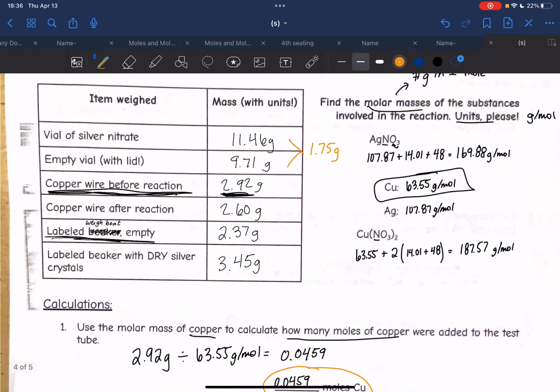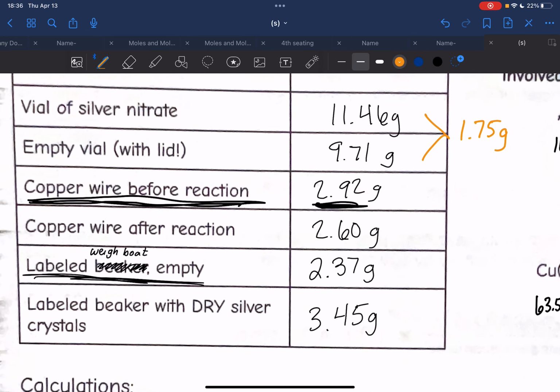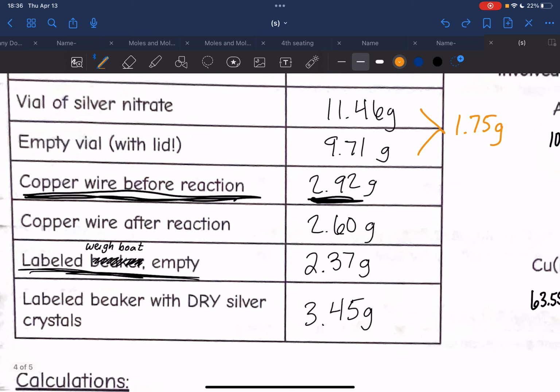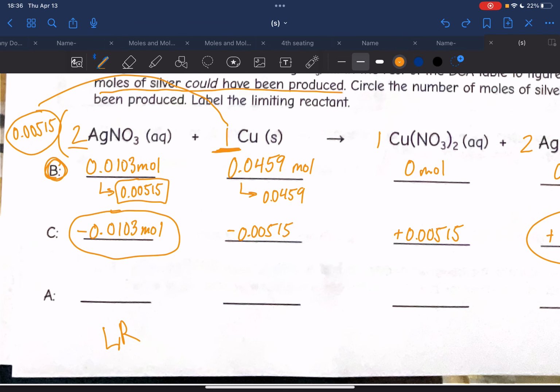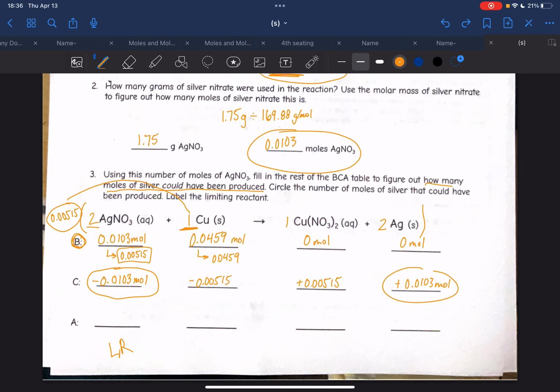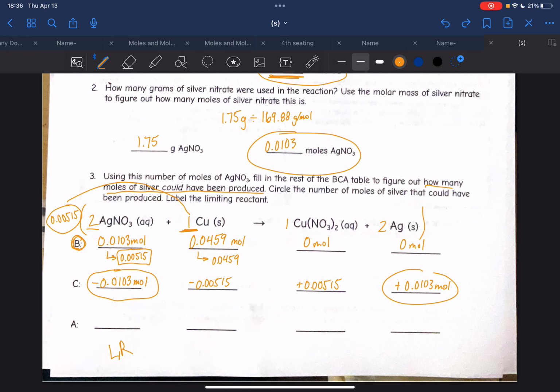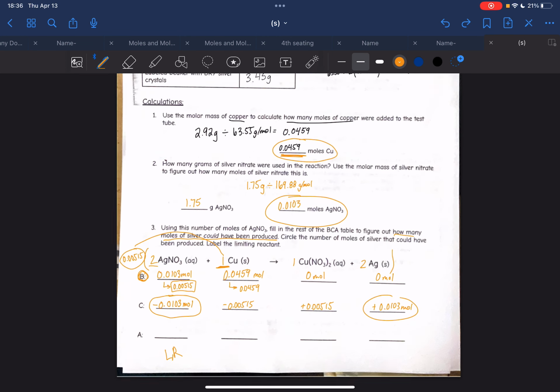I added a whole 2.92 grams at the beginning, and at the end, I still had 2.60 grams left, right? So I still had a bunch of copper left over. So if the copper didn't run out, the copper can't be the limiting reactant. So that's just a little bit of logical thinking there. We don't even really need to use our BCA table for that.